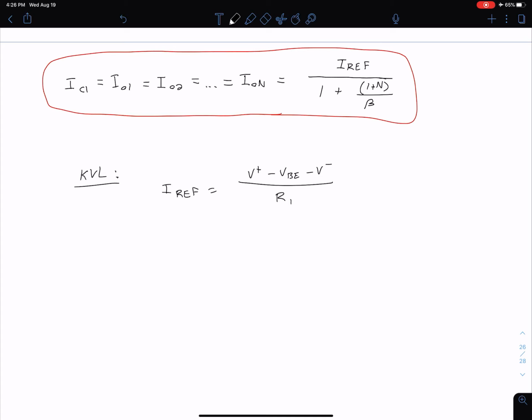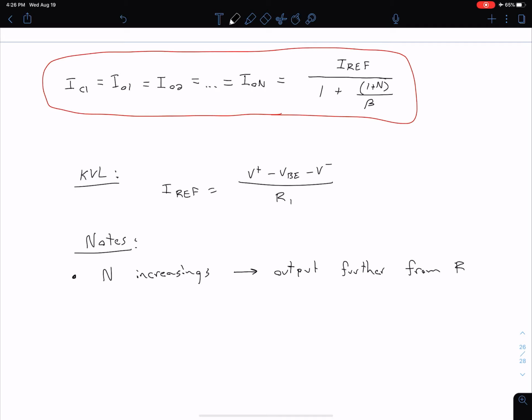So a couple things to note about our equation up here boxed in red. Let's enumerate some points here. We see that as N is increasing, our output is going to be getting further from IREF.